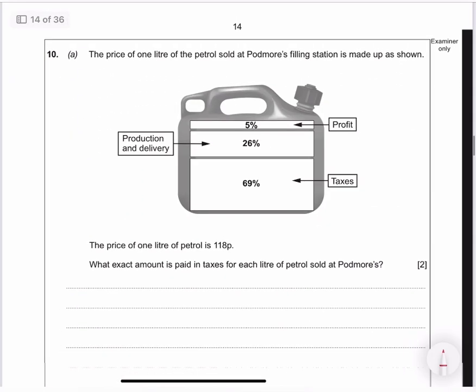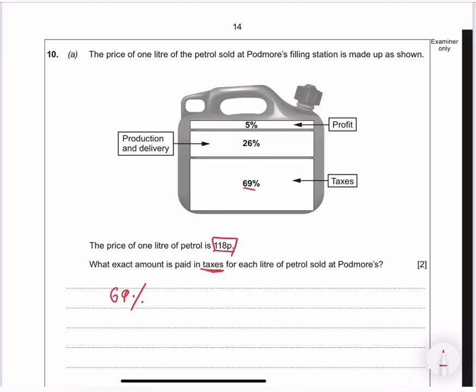Okay, question 10. We've got the price of 1 litre of petrol sold at Podmore filling station, and it's made up of 3 parts. 5% is profit, production and delivery is 26%, and 69% is shown as taxes. The price of 1 litre of petrol is 118 pence, and we need to find the exact amount which is paid for taxes.